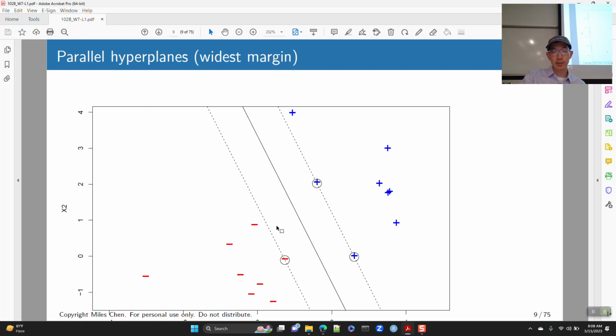If we draw a perpendicular line to this, our margin will be from the central line to one of the dotted lines, and we get the same margin this way. So the width from one dotted line to the other dotted line would be twice the margin.